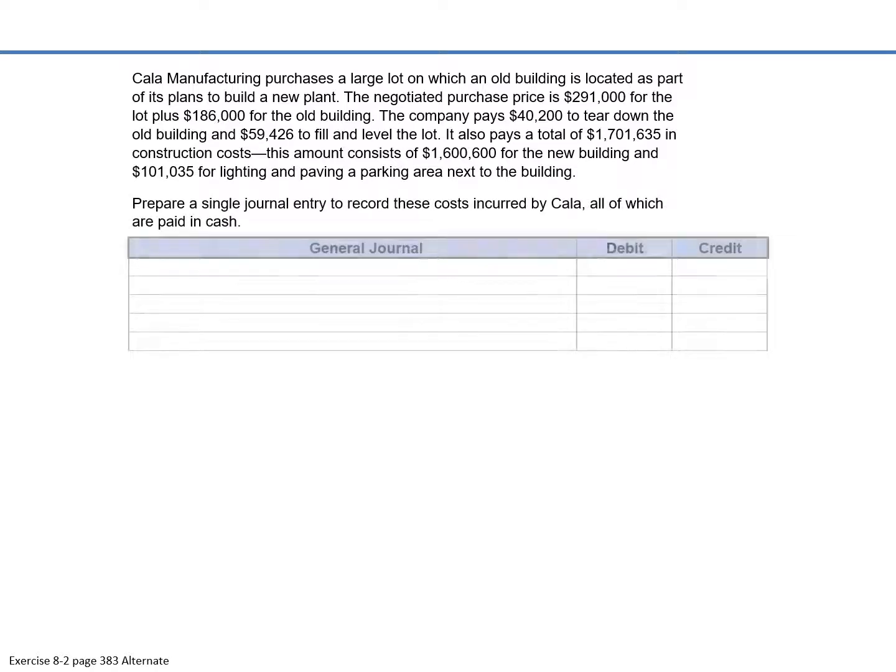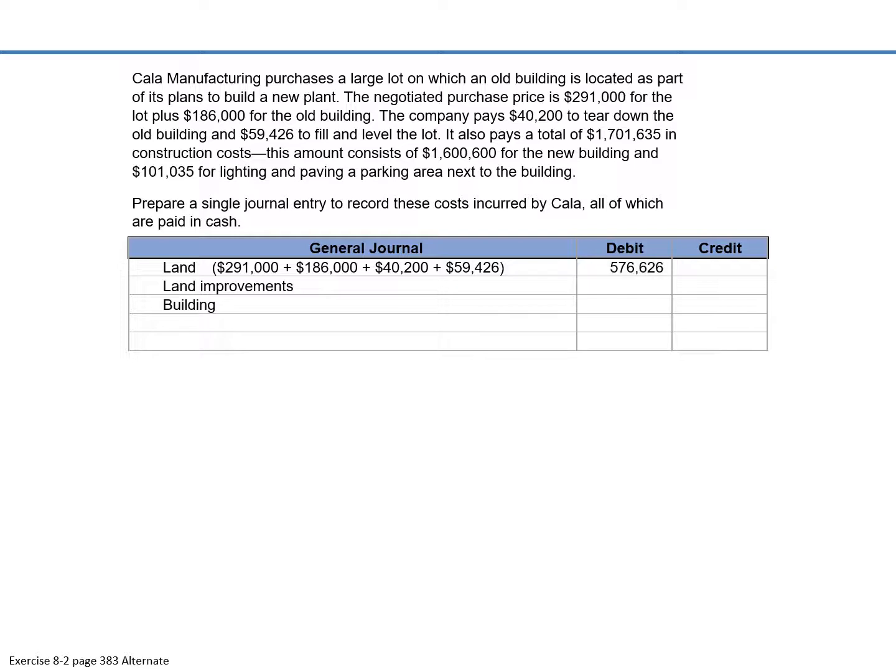All right, so let's see here. They've got the negotiated purchase price of $281 plus $186 for the old building. So our land costs are going to be the total of 291 plus the 186 plus the cost to tear down the old building of 40,200 plus the cost to fill in the land after they've torn down the building.